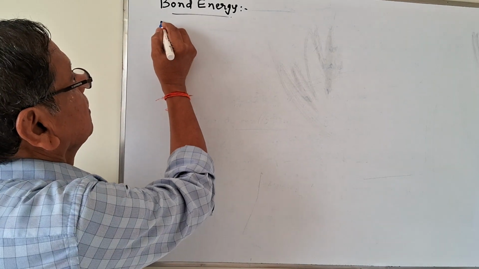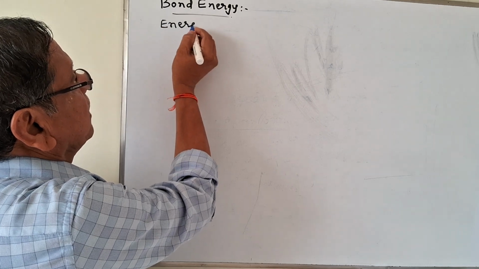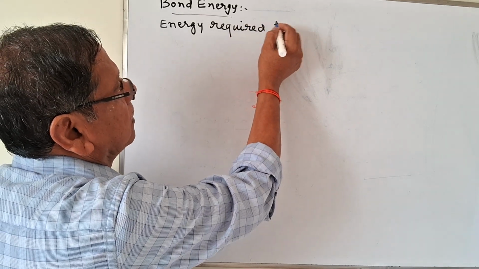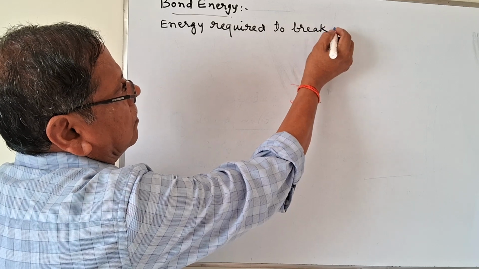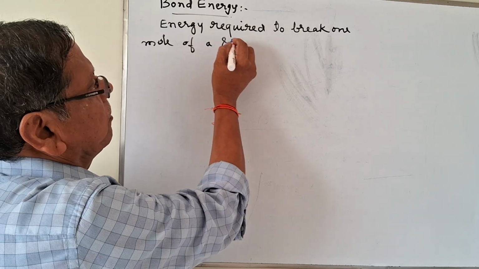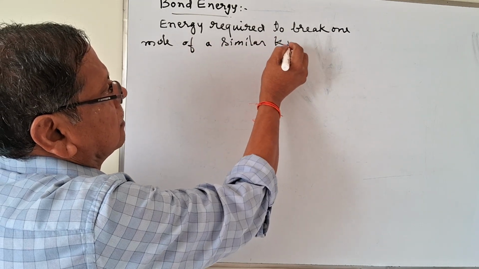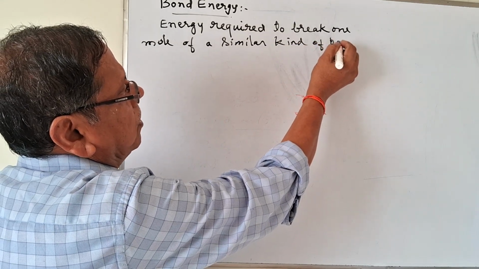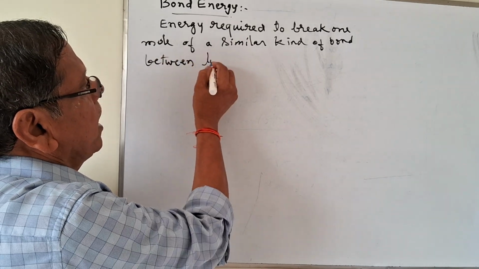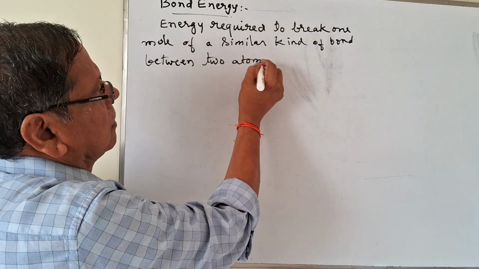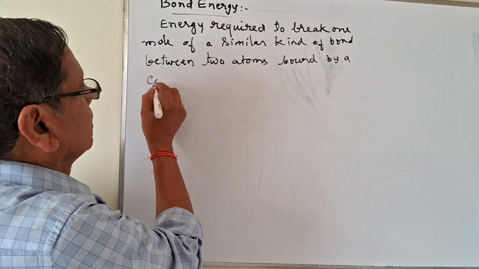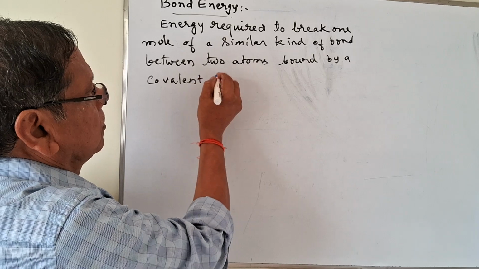Suppose you consider this energy that is required to break 1 mole of a similar kind of bond between two atoms bound by a covalent bond.